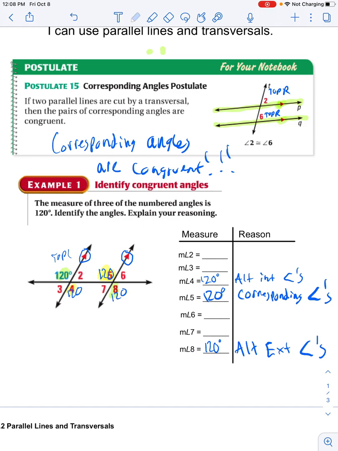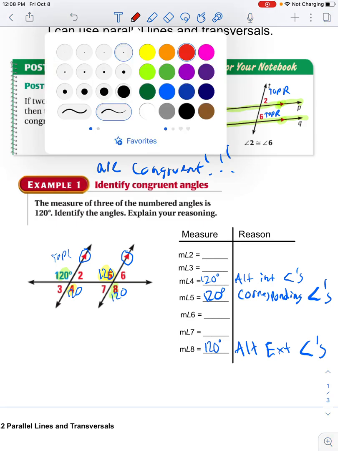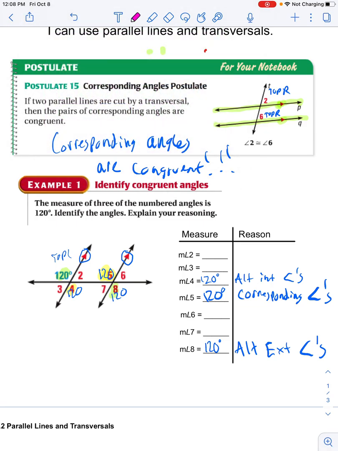Now, again, there are lots of ways to solve this. These are not necessarily the only ways to get these numbers. And that's one of the things I like about using math, there are lots of ways to solve problems. But remember, a straight line has an angle measure of 180 degrees.